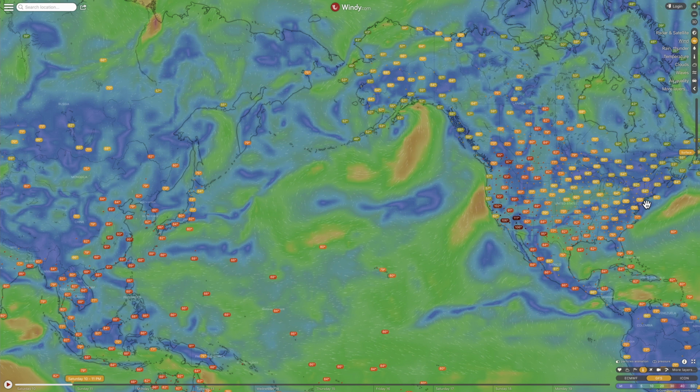Also on this map are these little streamer lines. They indicate wind, and we want two pieces of information about wind. We want to know its magnitude, but we also want to know its direction.